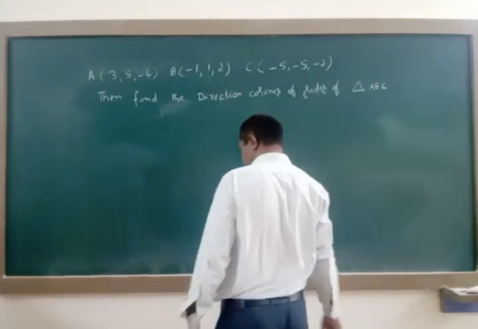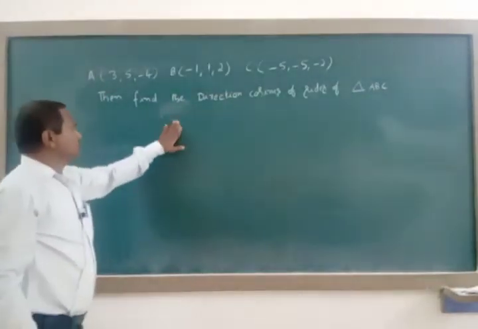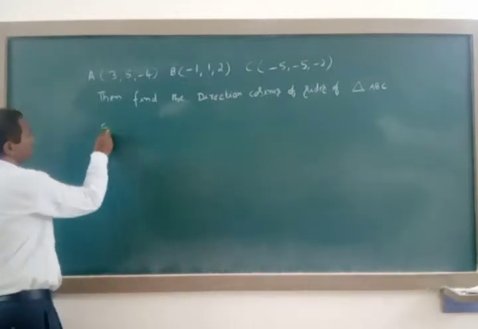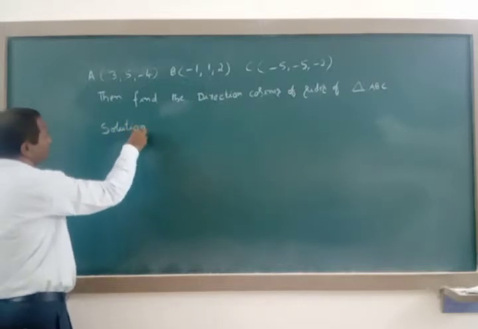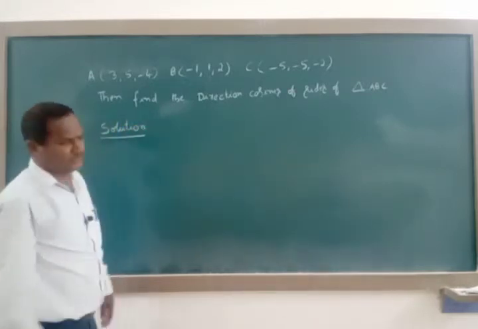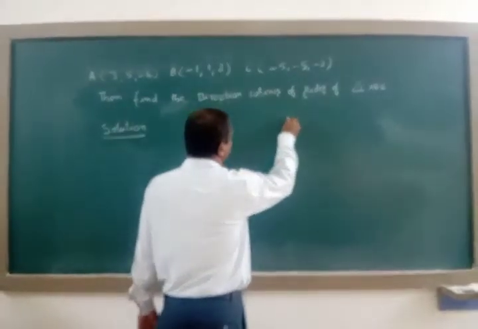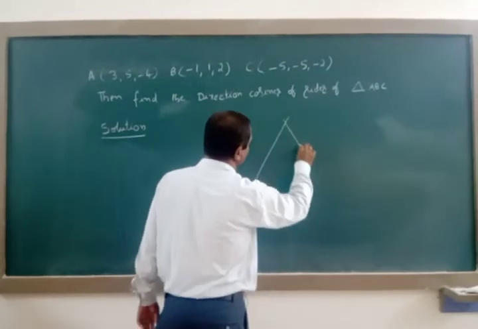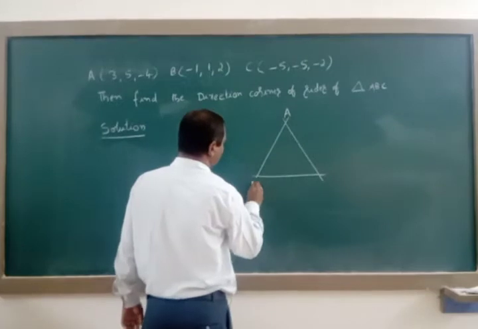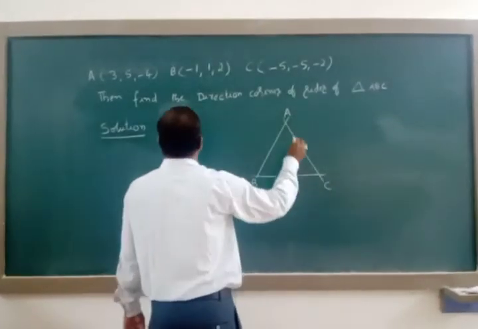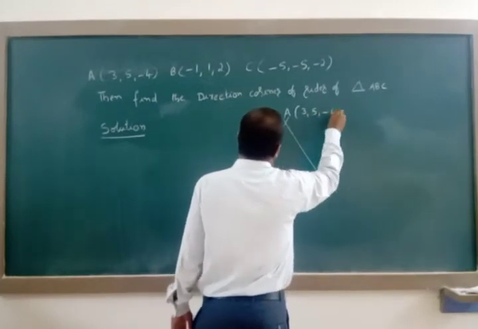Solution for this question: separately, individually, we have to find the direction cosines of all the 3 sides of triangle ABC. See here, triangle ABC, this is A, B and here C. A is 3 comma 5 comma minus 4.